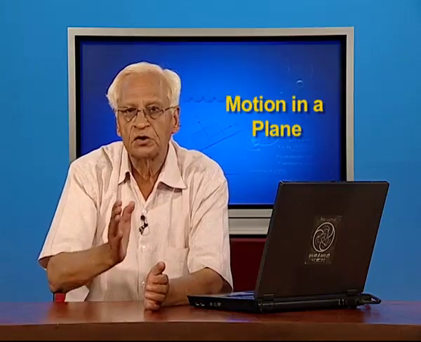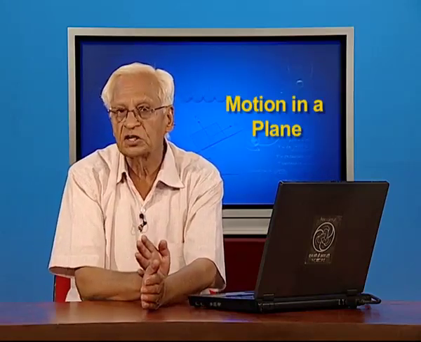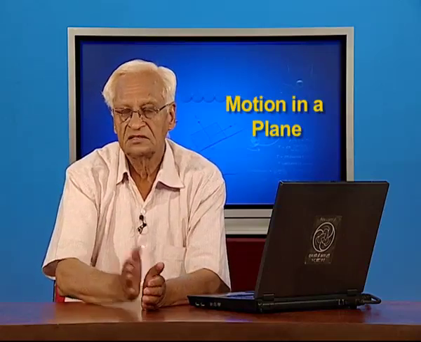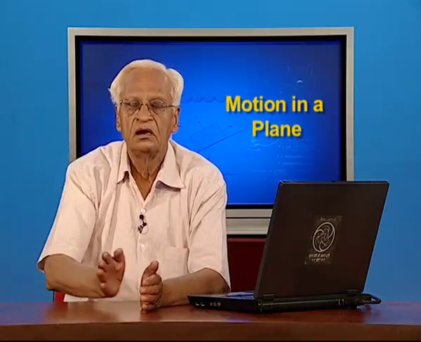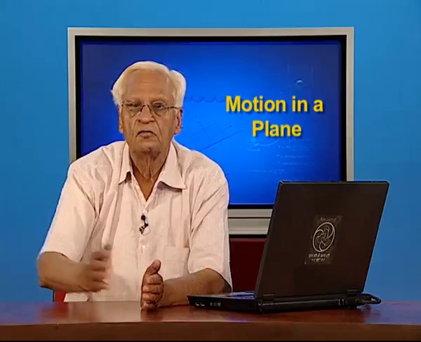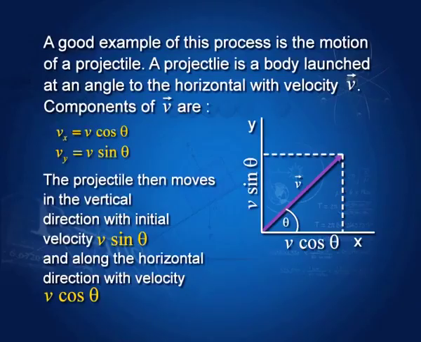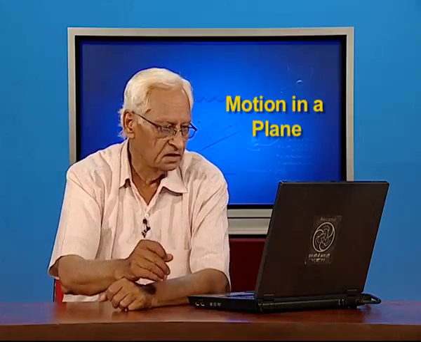So, let us see how we can now describe the motion of an object which is launched at an angle to the horizontal from the ground, just like a batsman hits a ball, and let us see what kind of path it would follow. As before, we have the components of velocity v cos theta along the x axis, v sin theta along the y axis, and study the motion independently and then we superimpose one above the other.